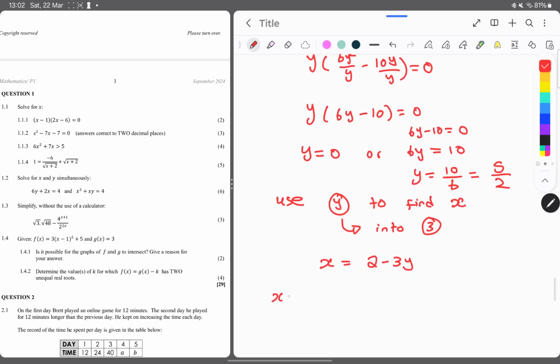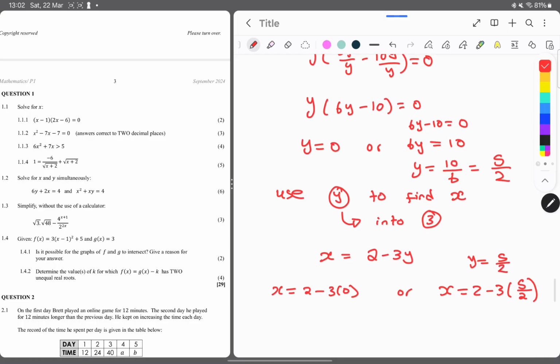Therefore, x equals 2 minus 3 by 0, or x equals 2 minus 3 by 5 over 3. Why is it 5 over 3? Because we've simplified the other y, right? So when we use y as 5 over 3, is it 2 or 3?